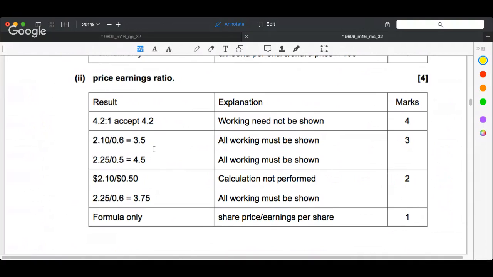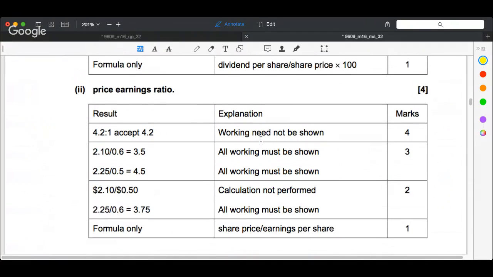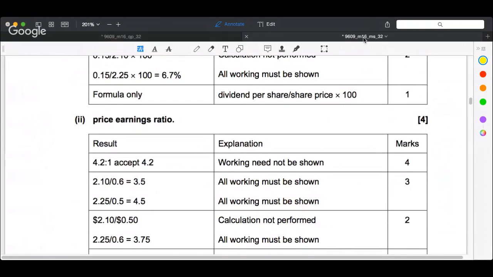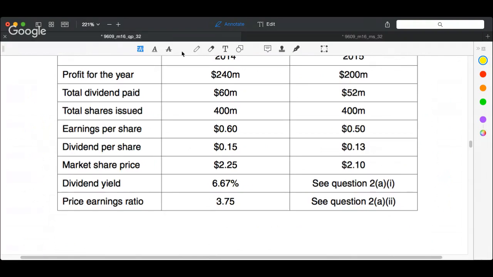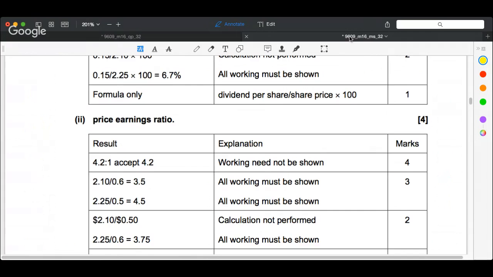So the share price is this one, and the earnings per share is that one. Okay. 0.50. Is that right? Yeah.